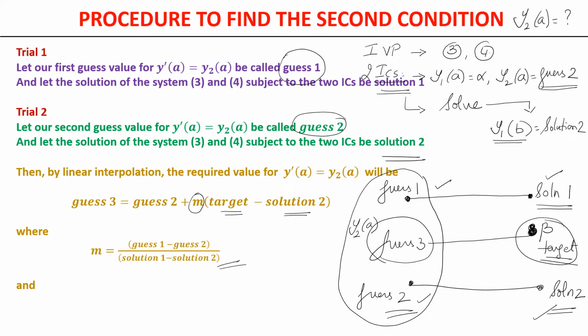So since we are attempting two trials in order to shoot and get answers, and our goal is to reach this beta, this shooting procedure is the main crux of the shooting method. So the value of beta can be directly achieved using the linear interpolation formula. I repeat once again, this is possible because the problem is a linear BVP. It may not be satisfied for complicated differential equations.